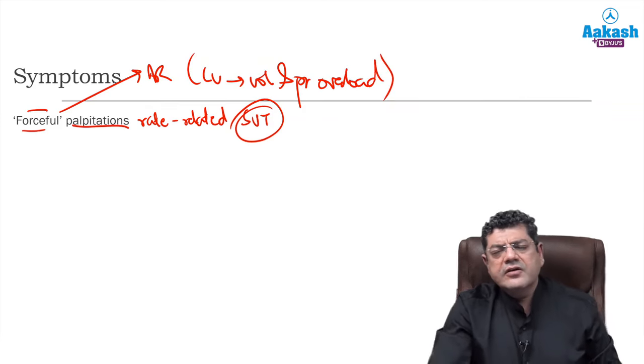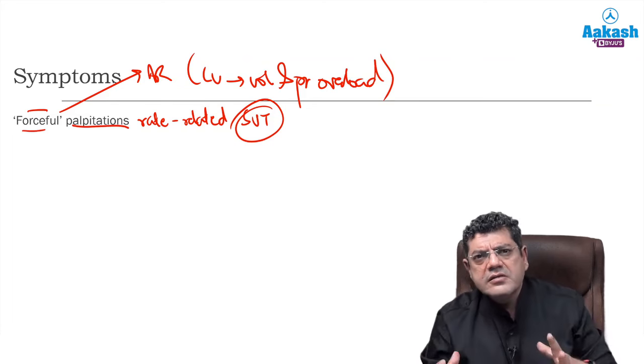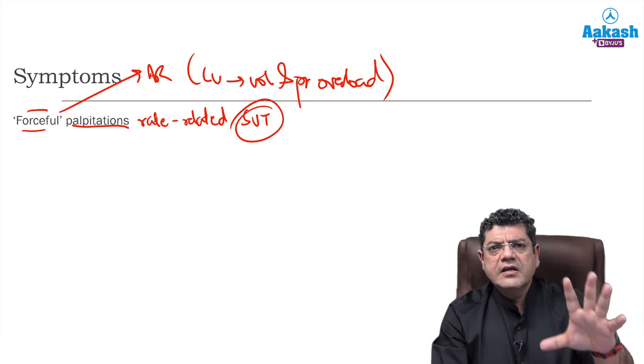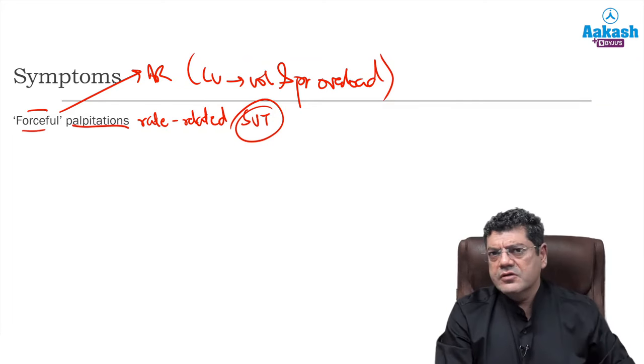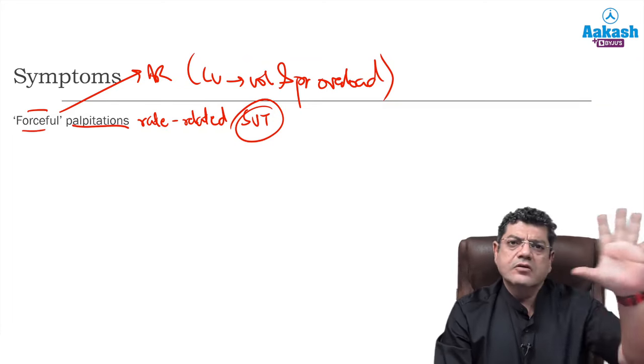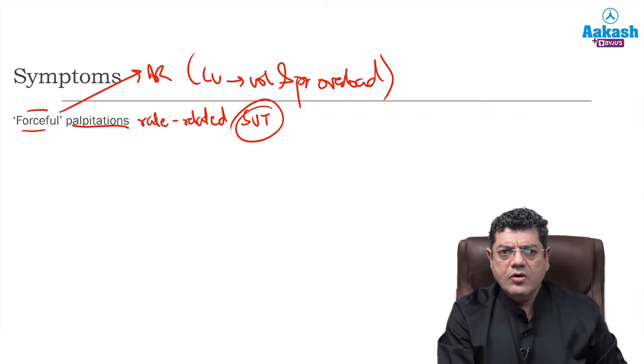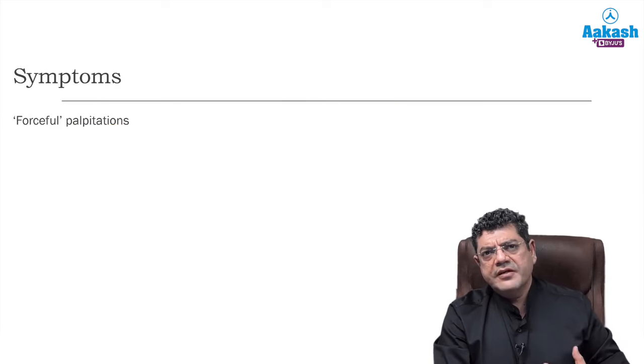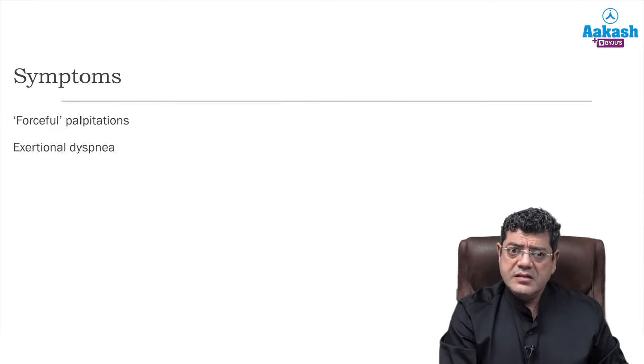So the left ventricle is increasing in size. It's also hypertrophied. You get the most massive left ventricles in patients with aortic regurgitation. The left ventricle alone can be more than a kg on autopsy. Okay, so they can experience forceful palpitation and they become worse with exercise.